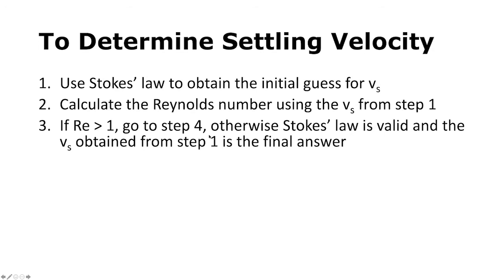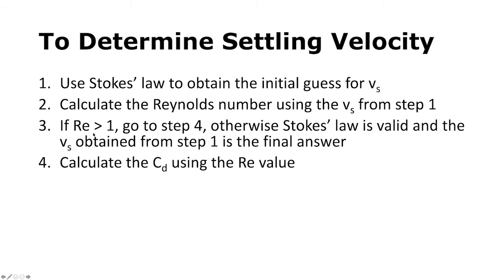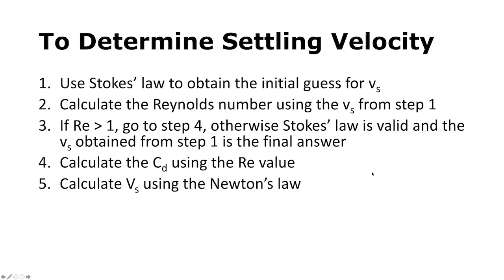If so, we'll go to step 4. If not, then Stokes' law is valid, and the settling velocity calculated in step 1 would be the final answer. However, if our Reynolds number is greater than 1, we need to calculate the drag coefficient using that Reynolds value, and then calculate the settling velocity using Newton's law, which relies on the estimate of the drag coefficient.